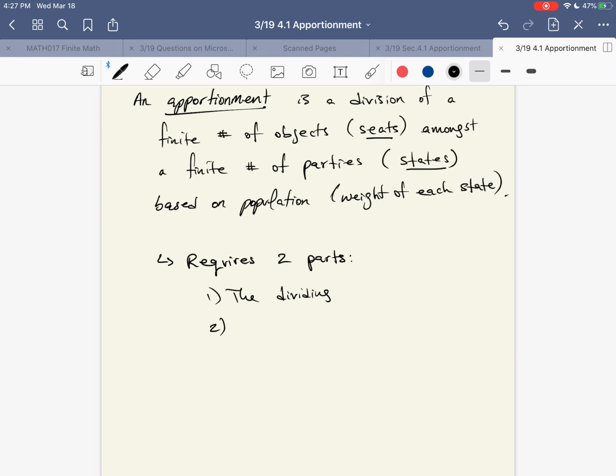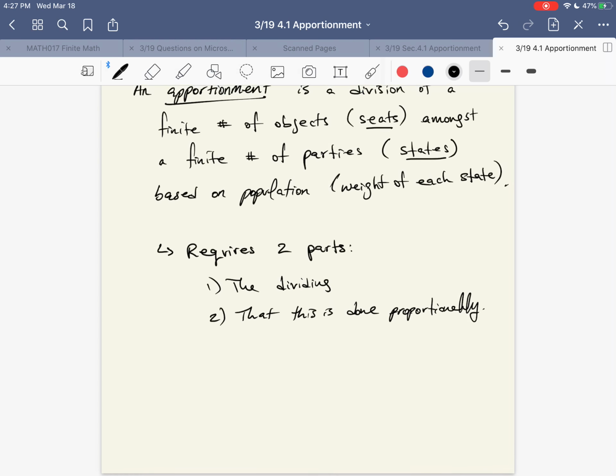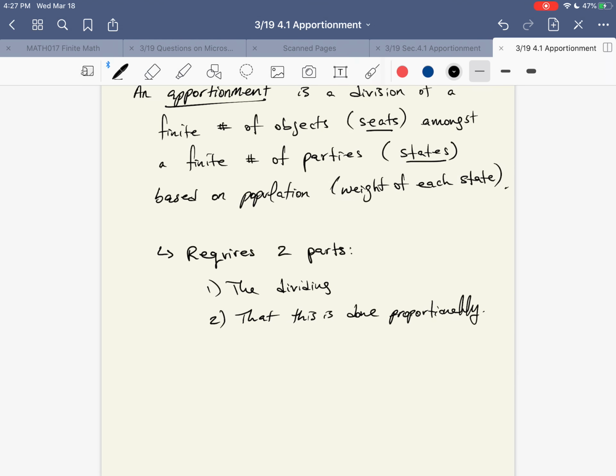And the second part is that this is done proportionally. Like I say, this could apply to anything from sharing candy to seats in a legislature.